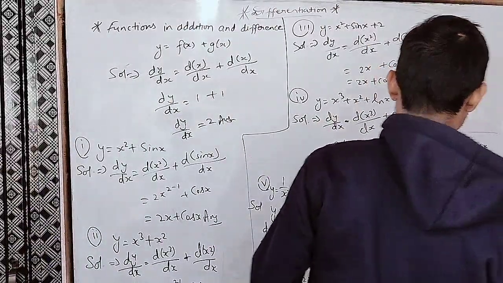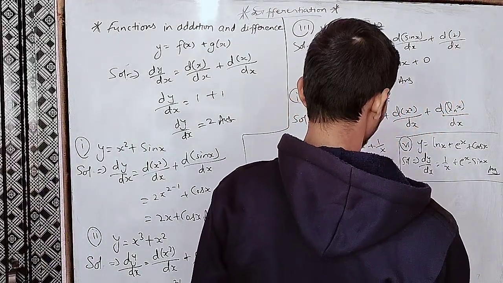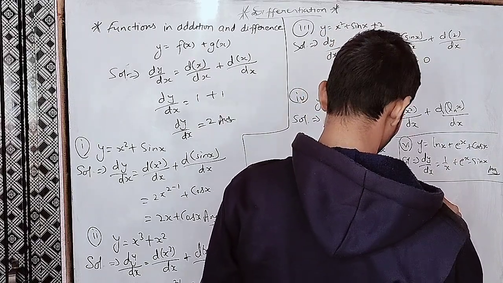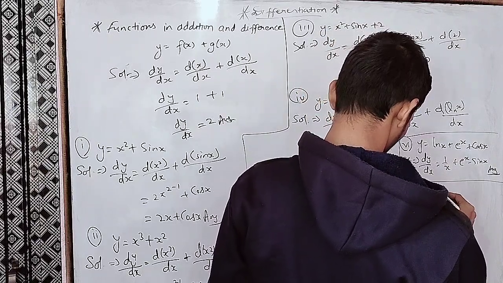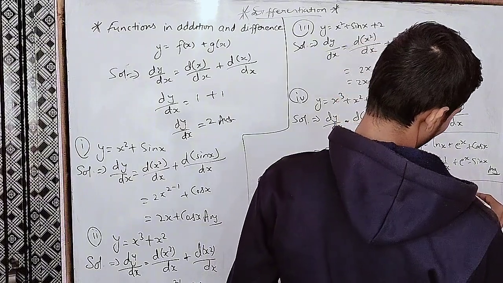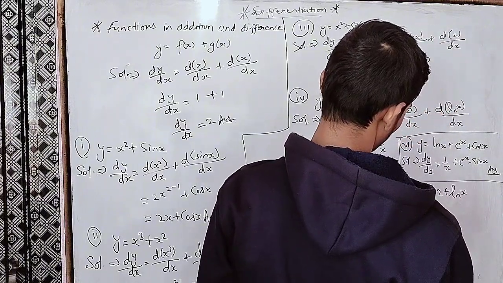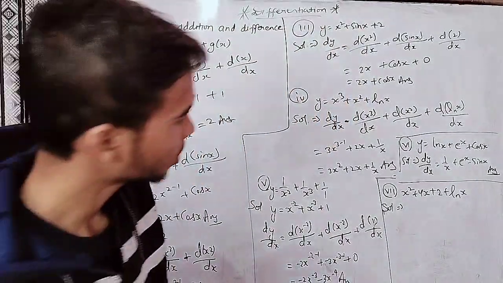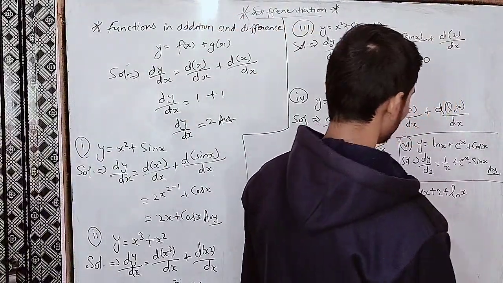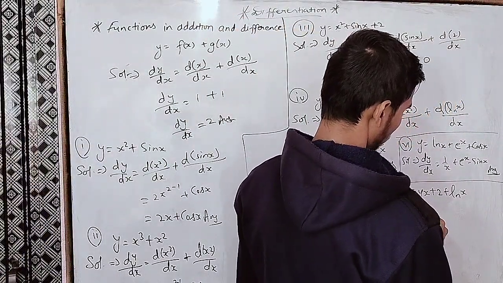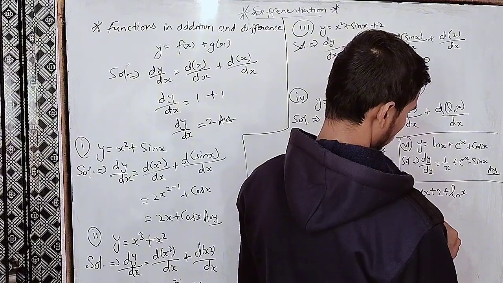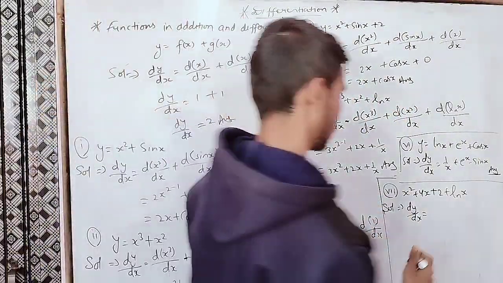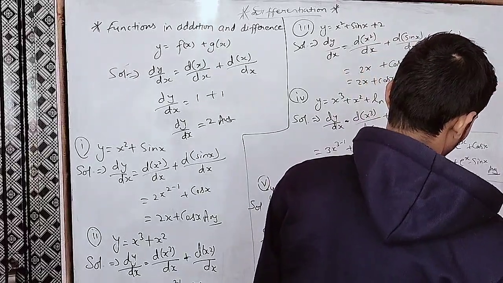But we have a space. x square plus 4x plus 2 plus ln x. So the differentiation of x square is simply 2x.